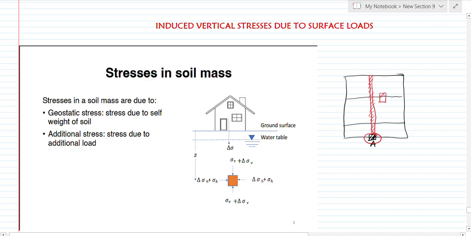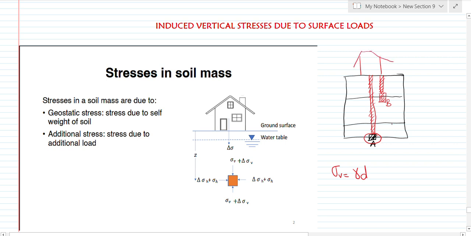The stress that will act at this portion is as a result of the soil material here. Do you get it? In that case, the geostatic stress, which we will call vertical stress, is as a result of the unit weight of the soil and the depth.